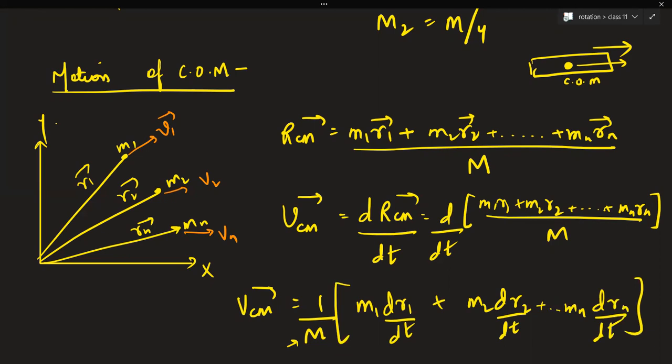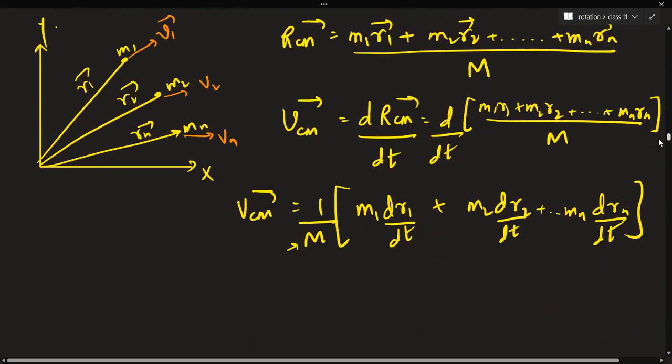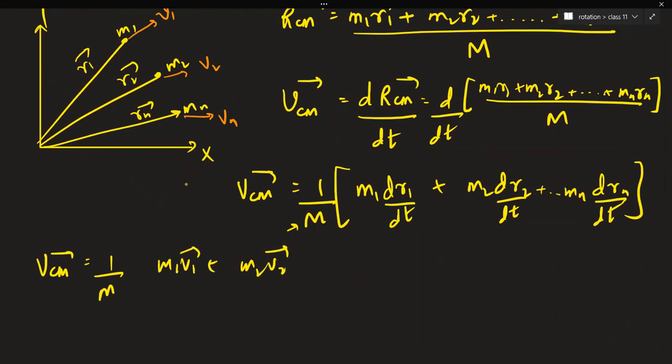Again, class, what is dr1 over dt? That gives you the individual velocity, no? Change in position gives velocity. So this means VCM will be 1 by M times m1 v1 plus m2 v2 up till mn vn. From where did this v arise? How did I write this?